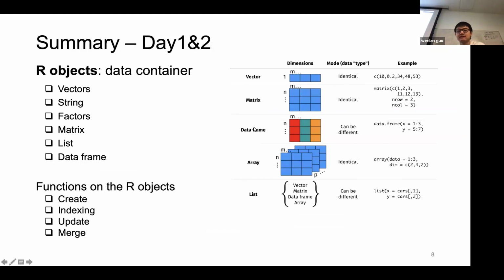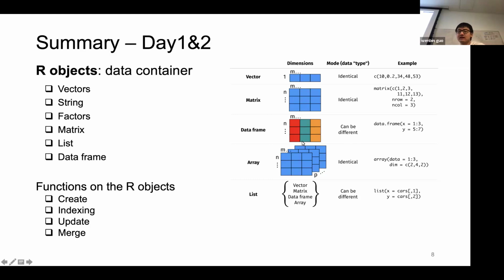If you have different data types, you can try the data frame if it's tabular data. And you can also use a more generic form, the list. Here I show the different types using different colors, and the right part is how you can create a new vector, new matrix, or new R objects.